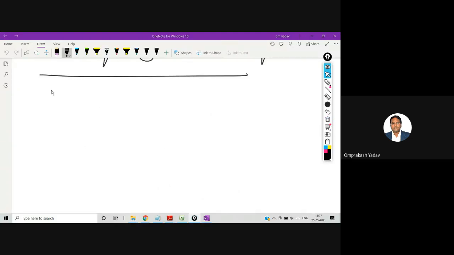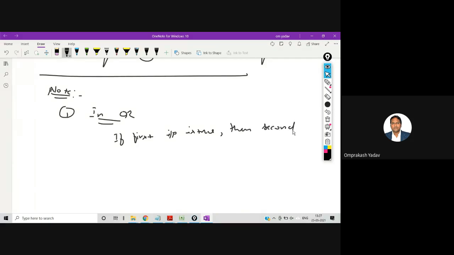In case of OR, if the first input is true, then the second expression will not be evaluated. Second expression will not be evaluated. Remember this in case of OR.